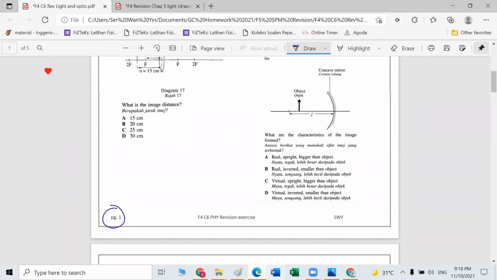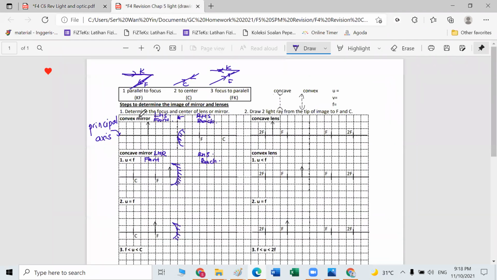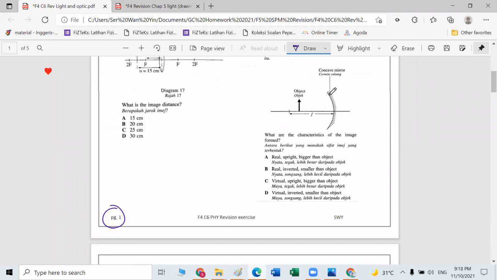Okay, so of course we can refer back to our ray diagram, or we just draw out a line here, a normal line to the principal axis. Then we use our ruler to measure the F, so that we can determine the C. Same distance, you draw same distance, measure with your ruler.